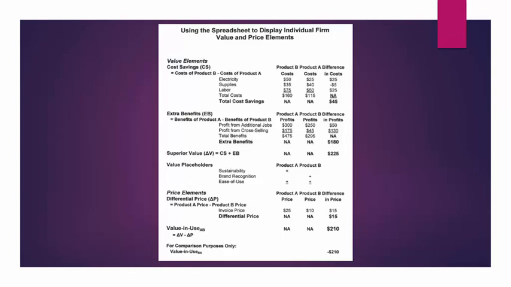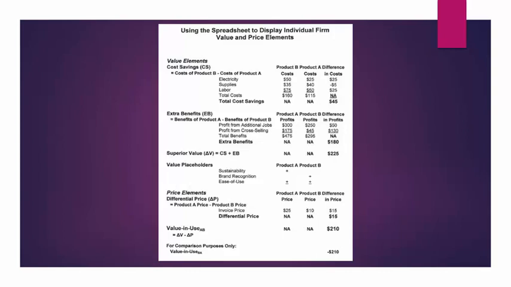So here I'm saying that product A delivers $180 worth of extra benefits over product B. Now, to calculate delta value, going back to the Adam Smith model, I simply add up cost savings and extra benefits, and here it comes to $225. Next, I have my value placeholders, which again are these intangible value elements, and here I've got sustainability, brand recognition, and ease of use.